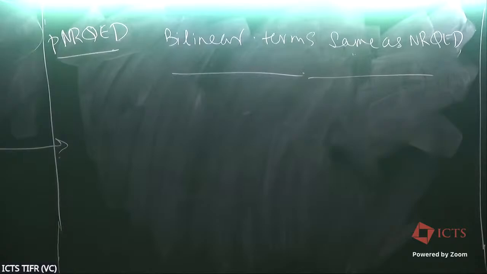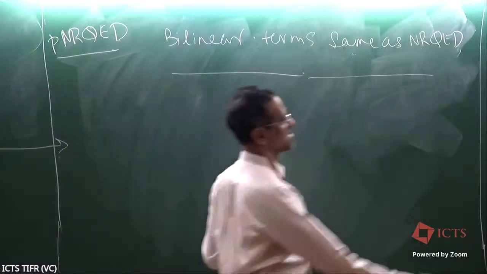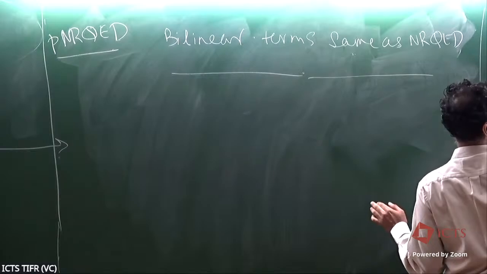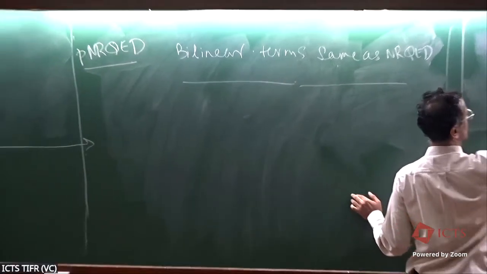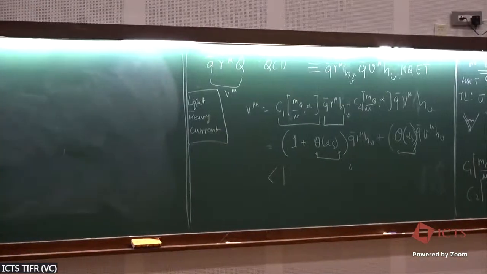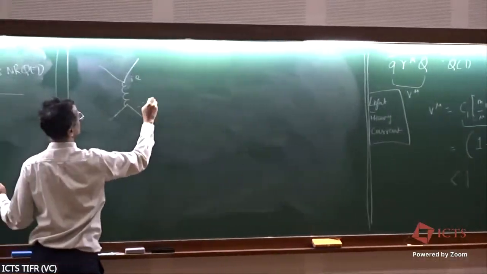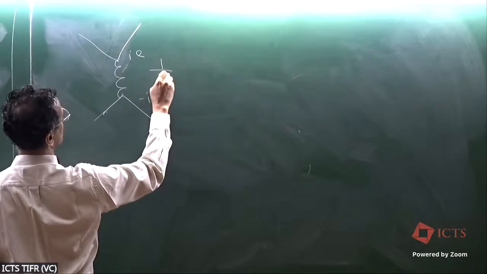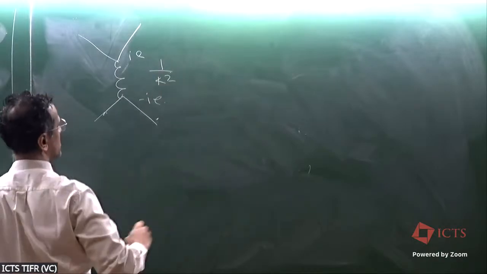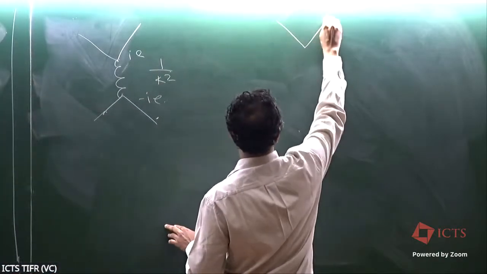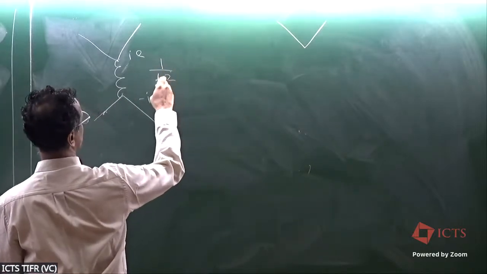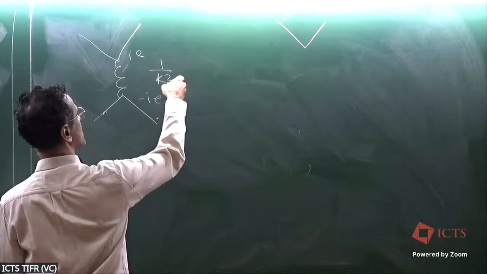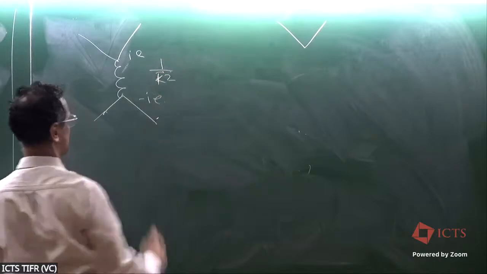But the point is that earlier I had this vertex, which was E. And in this theory, I've used the fact that K0 is 0, and this is just 1.